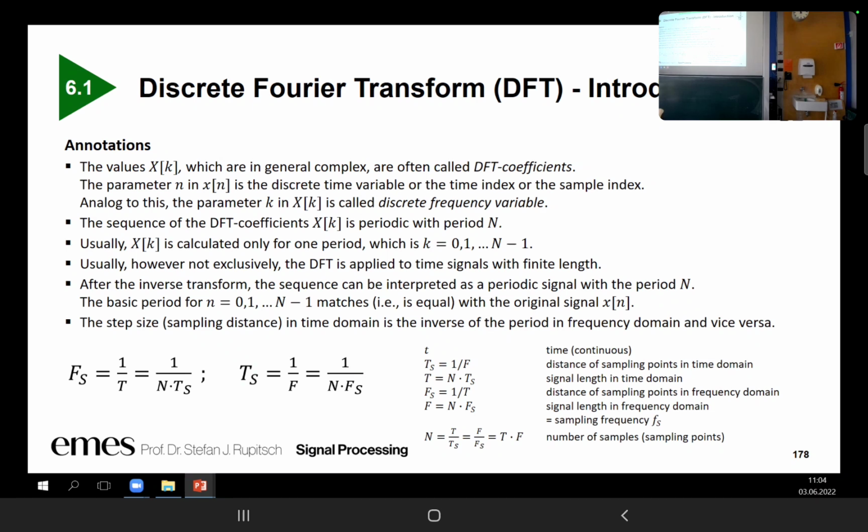I think I should write it down. 10 milliseconds, not 100. Let us assume that our considered duration of the signal is 10 milliseconds. Then we assume in this 10 milliseconds 100 points.